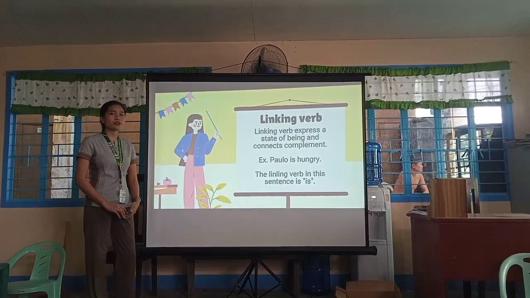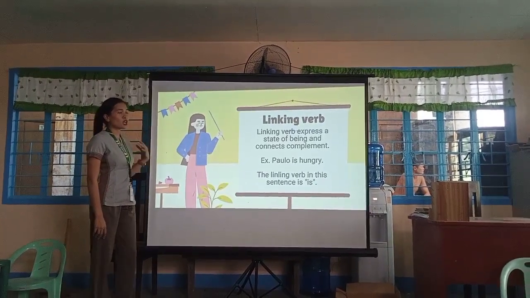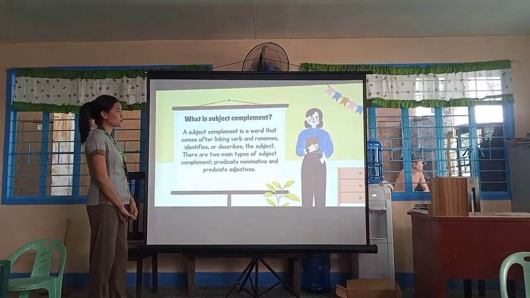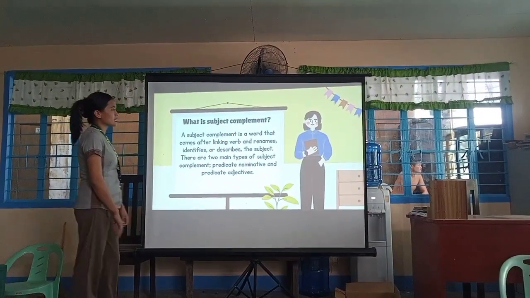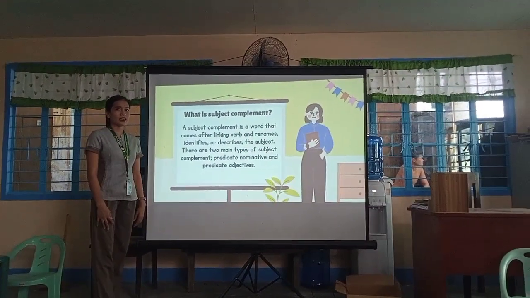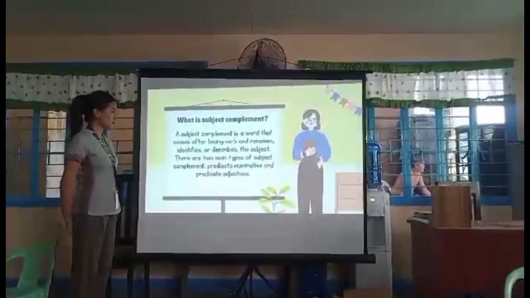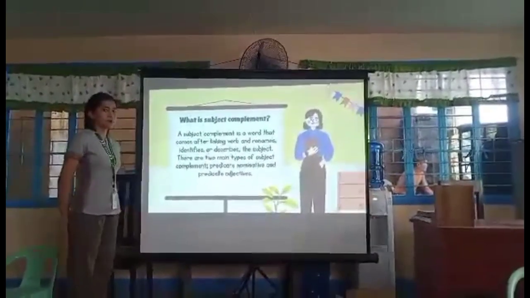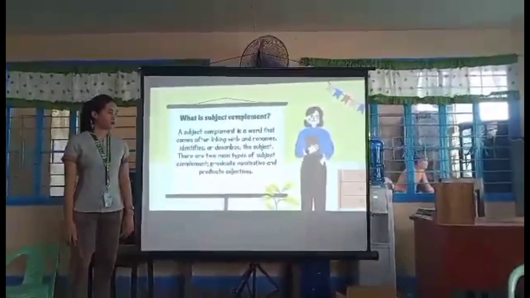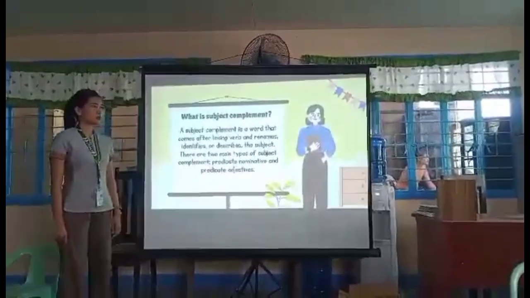Okay, let us now proceed to our main topic, which is subject complement. What is subject complement? Who can read? Yes? A subject complement is a word that comes after a linking verb and renames, identifies, or describes the subject. There are two main types of subject complement: predicate nominative and predicate adjective.